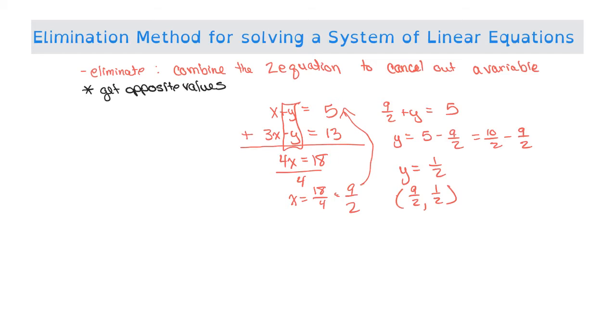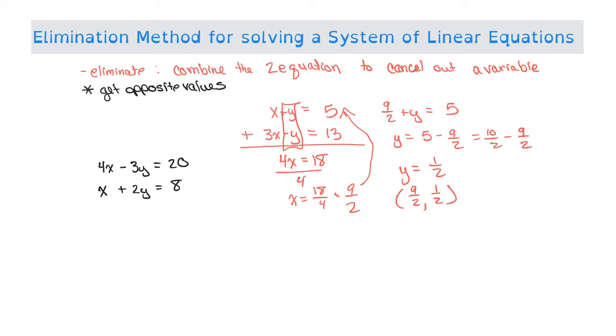So if we keep this in mind, we might have a system of equations where we don't start out with opposite values, so we can do some math to be able to get that. So let's say we have 4x minus 3y is equal to 20, and then let's say that we have x plus 2y is equal to 8.